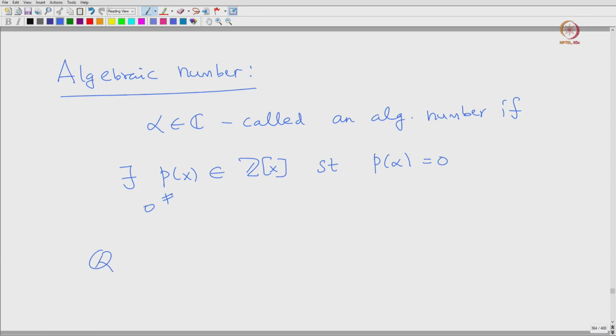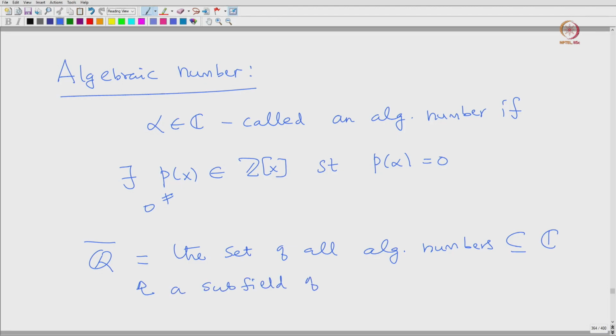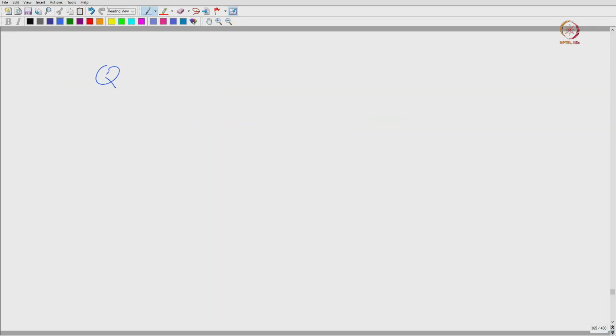We denote by Q bar the set of all algebraic numbers, and it is a fact from basic field theory that this Q bar indeed forms a field. This is a subset of C and a subfield of C. Note that Q is sitting inside Q bar, which is sitting inside the complex numbers.